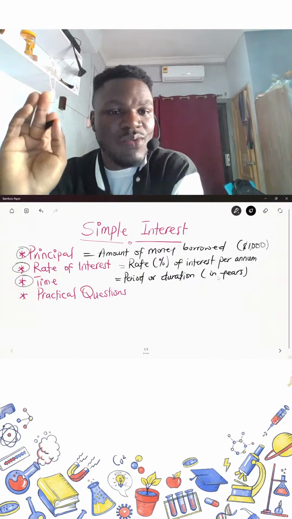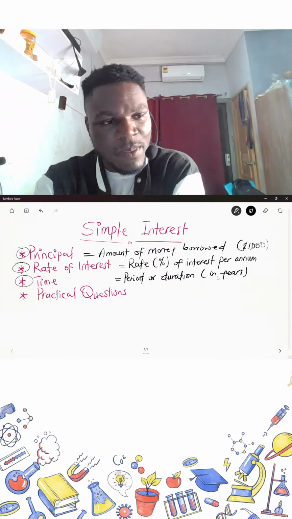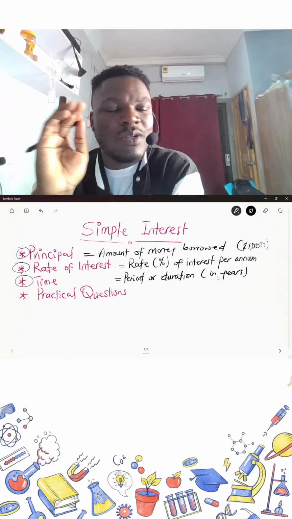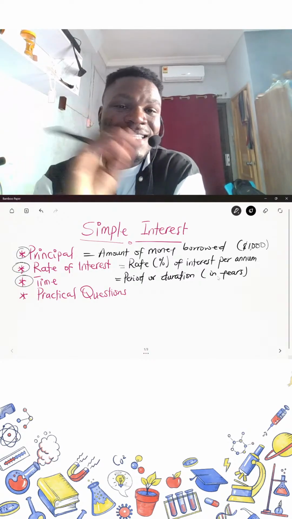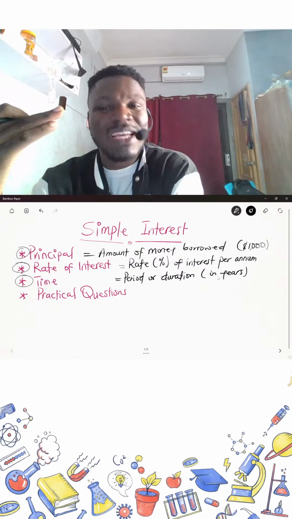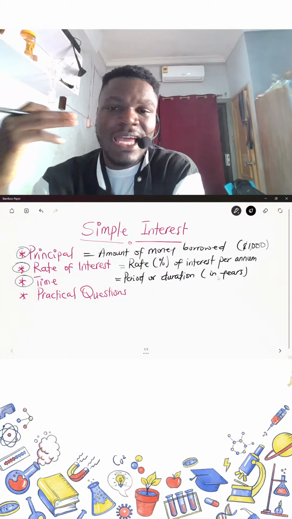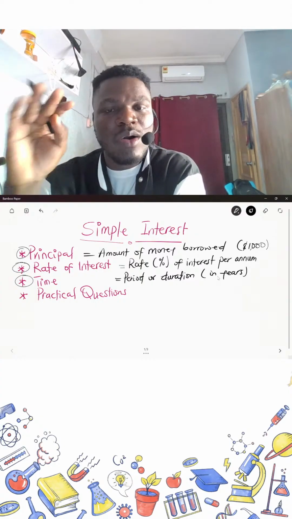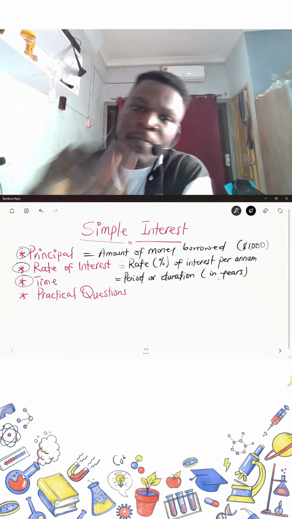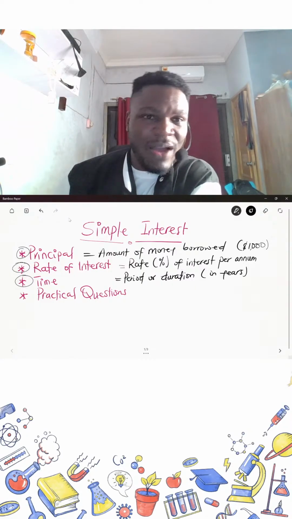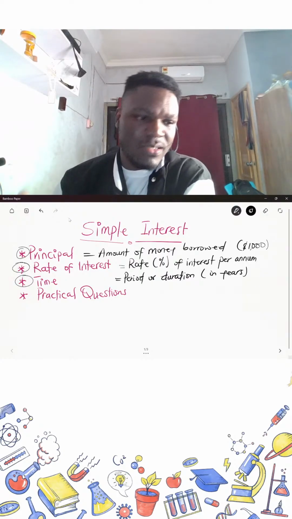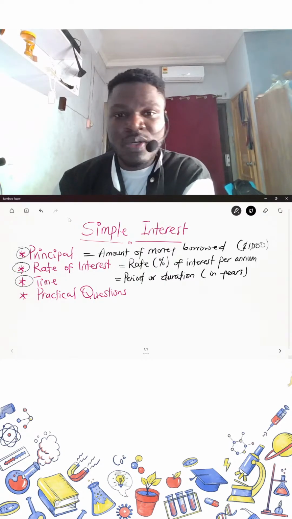One of them will be the rate, and one of them will be the time. Are we okay? So once you have all this and you were told that it is simple interest, then you can calculate, based on the formula, the amount of money that you'll be paying at the end. Like I said, we have compound interest and other ways of calculating it, but the one we are looking at today is the basic one, which we are calling simple interest.